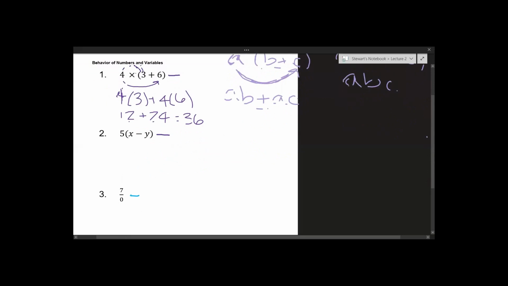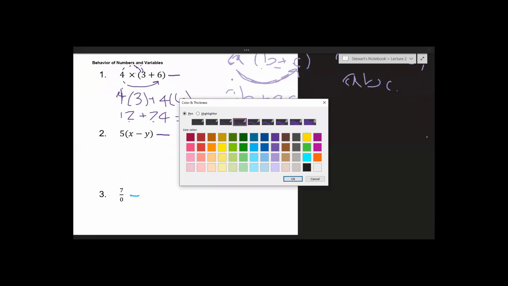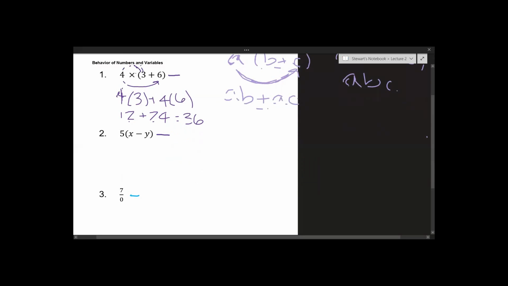Same idea down here, it's just with variables instead of numbers. It works the exact same way, because all a variable really is is an arbitrary number that you're using as a placeholder. So you can think of these as numbers; you just don't know what they are. That's why they're called a variable, because they could change depending on what they actually are, or based on what you choose.